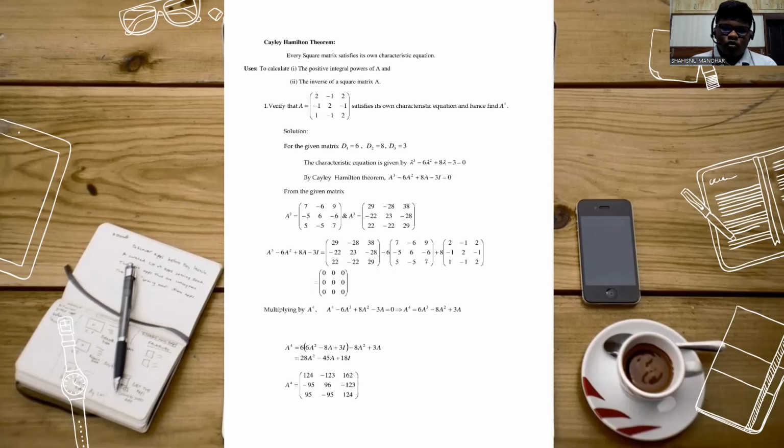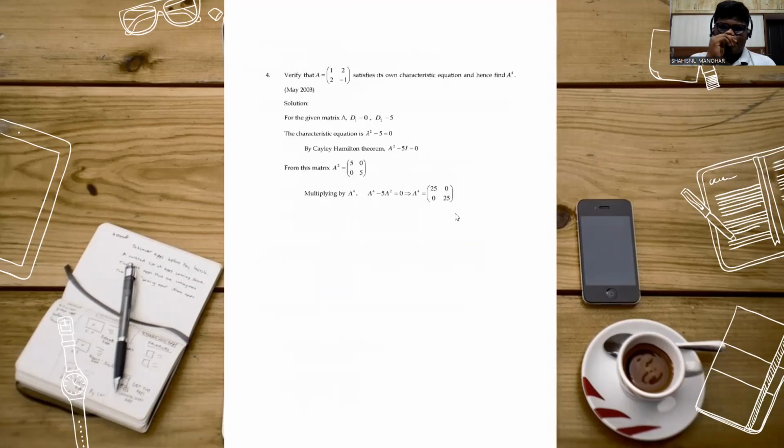Now, for getting A power 4, just multiply A on both sides of the A cube equation, so that we can get the desired output. Now as we got A power 4, which is [124, minus 123, 162; minus 95, 96, minus 123; 95, minus 95, 124], which is the desired output. We needed to find A power 4 and thus we find it. Hence proved.